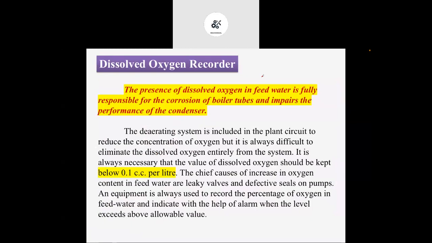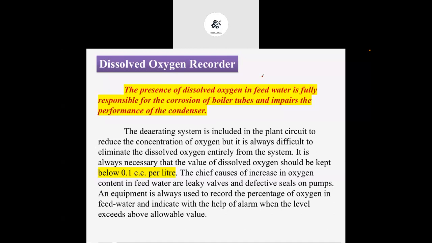The next thing we are going to measure is the dissolved oxygen recorder. Why is this important, or why do we need to find out the amount of oxygen dissolved in the water? As we know, oxygen is the main reason for corrosion of the boiler tube or any metal.